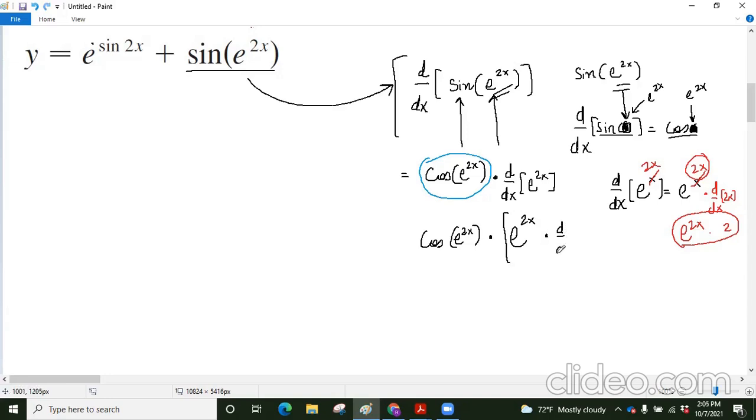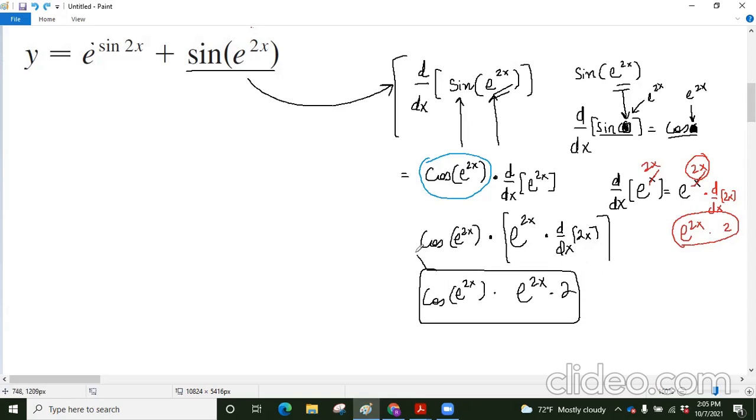So we're multiplying by the derivative of 2x, right? Everything stays the same. We're following it down. The derivative of 2x is 2. So that's just e to the 2x times 2, correct? So this is essentially your answer for the derivative of sine of e to the 2x.